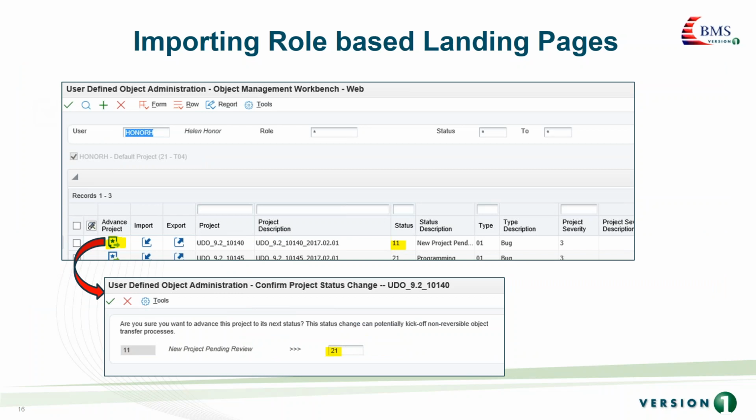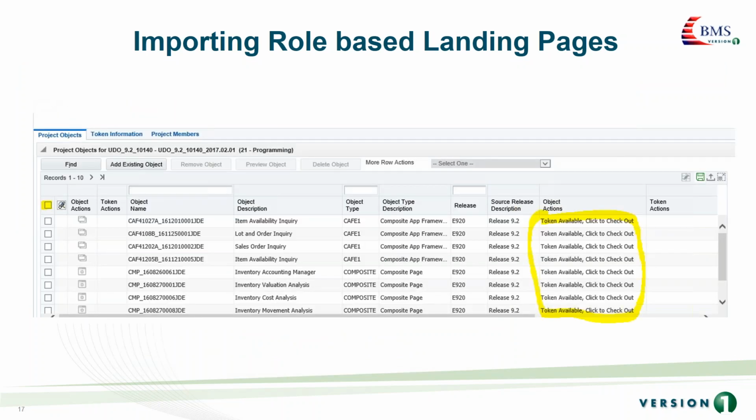The project can be found in the top pane of the Web OMW at status 11, Advanced Project to status 21. All the related objects can be seen in the lower pane of Web OMW at status Token Available. Click to check out.